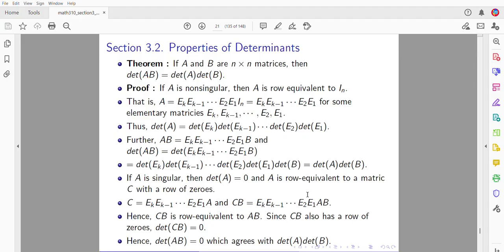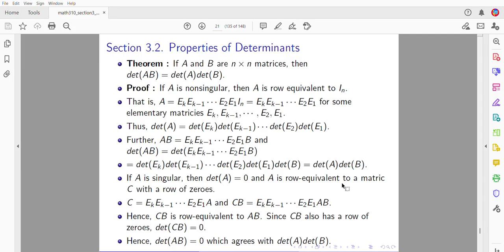Alright, these are all elementary matrices. So determinant of this is non-zero, non-zero, non-zero, non-zero, non-zero until here. Determinant here is 0. All of these give you non-zero determinant. So this has to give you 0 determinant. So determinant of AB is 0.